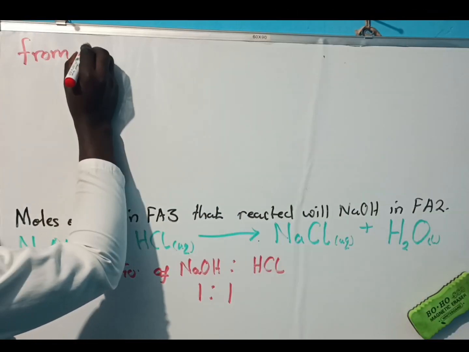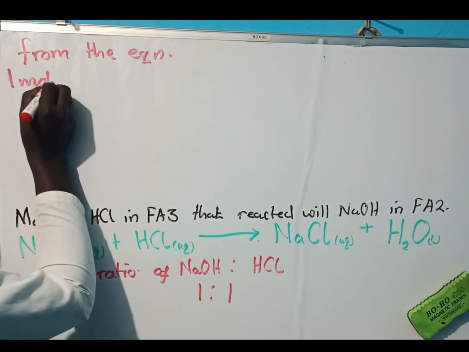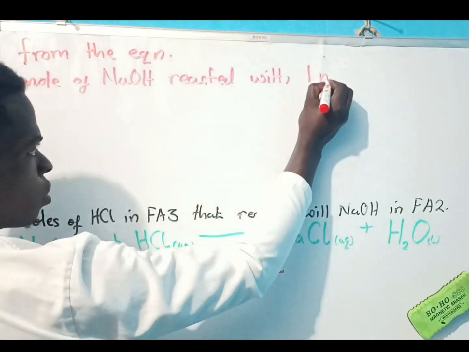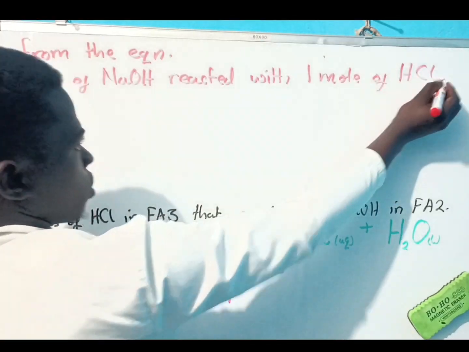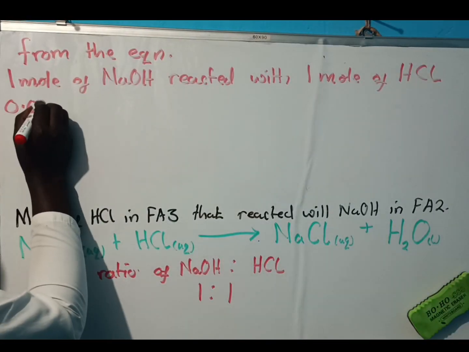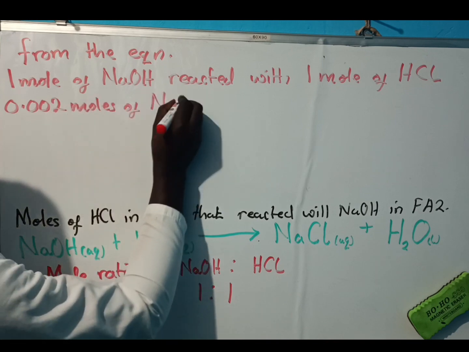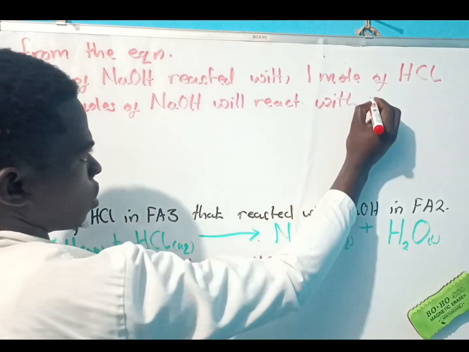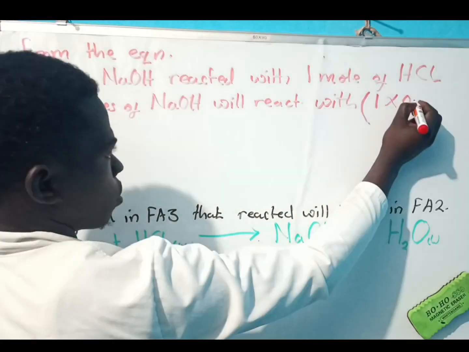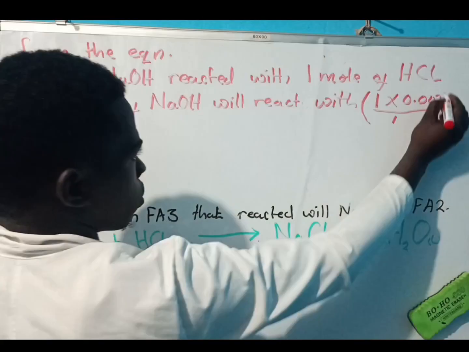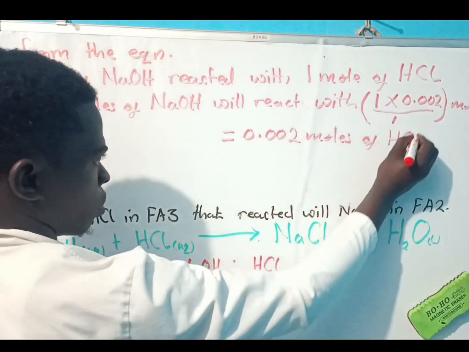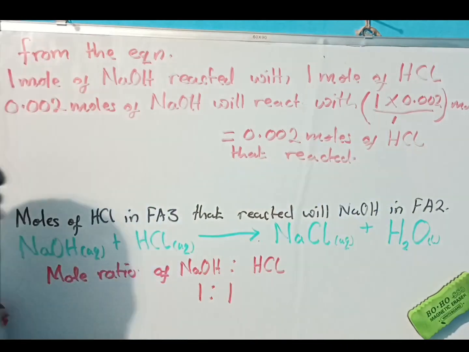Or, from the equation, 1 mole of sodium hydroxide reacted with 1 mole of hydrochloric acid. What about the 0.02 moles of sodium hydroxide will react with 1 times 0.02 over 1. These are moles, giving 0.02 moles of hydrochloric acid that reacted.